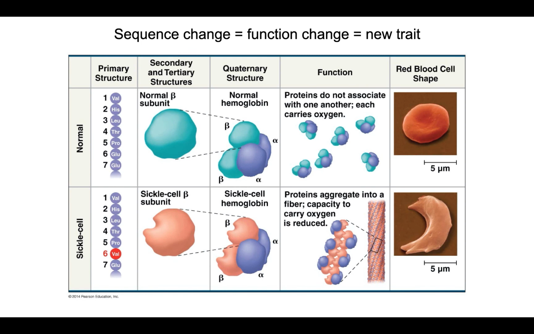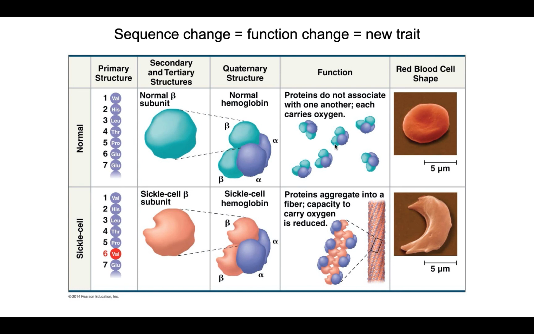Let's take a look at a classic example of that. Here we have the hemoglobin protein. And here we have a part of the primary structure, the sequence of amino acids. That's enough information to properly fold it into the secondary and tertiary structure. That's enough to have it stick with the other components to form hemoglobin, and that's enough for these hemoglobin proteins to do what they're supposed to do within a red blood cell, which is to transport and carry oxygen.